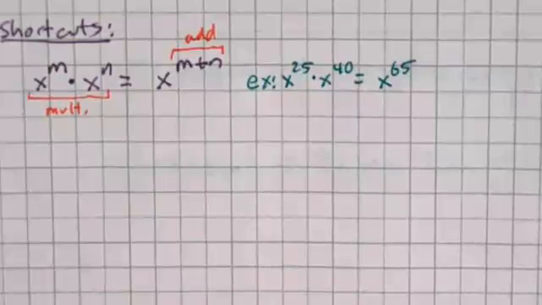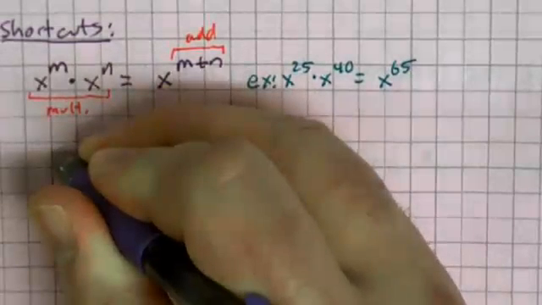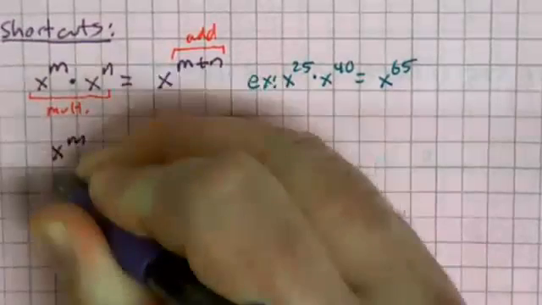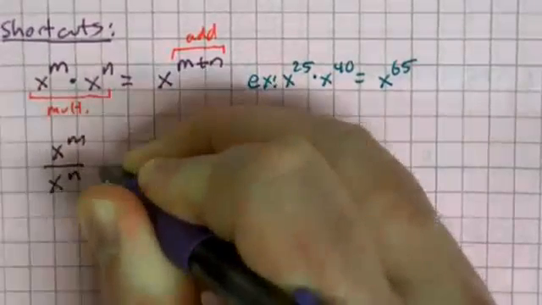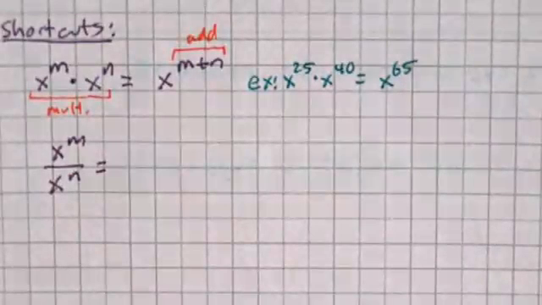Right. The next shortcut is when we're dividing, we have a fraction. X to the m over x to the n equals. Now, normally this week, we would have written out a bunch of x's on the top and a bunch of x's on the bottom. We would have canceled them out.